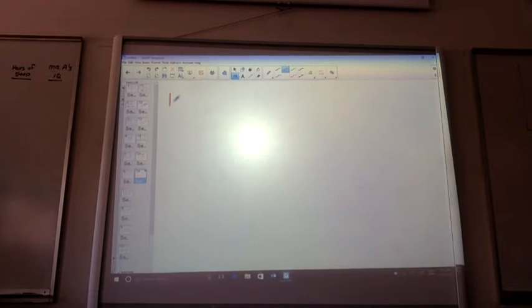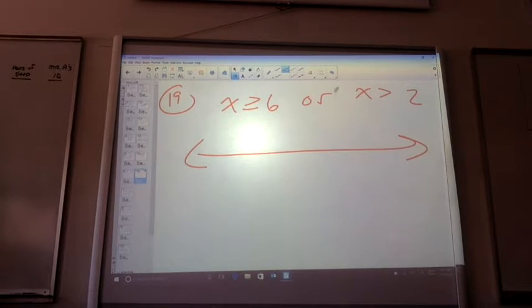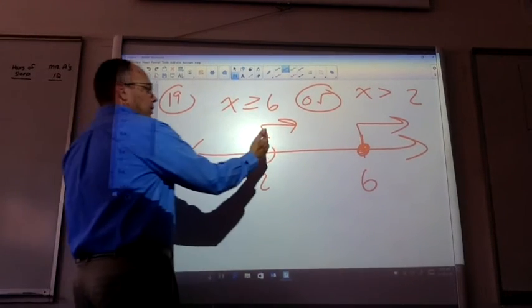19. If I have this, what am I looking for on my number line? It's an or. So what does it mean? It's an or. So what happens? I have this in 3 sections.